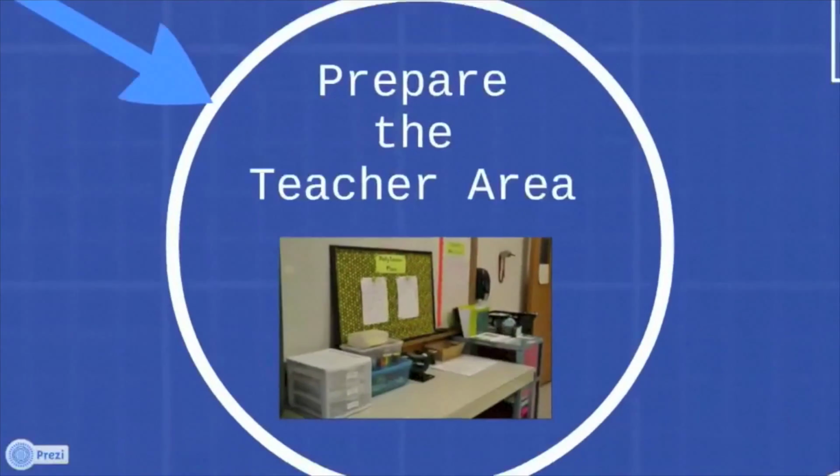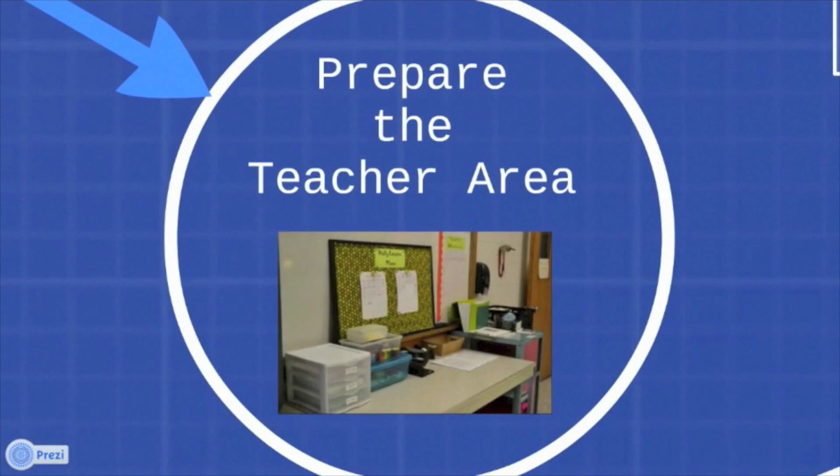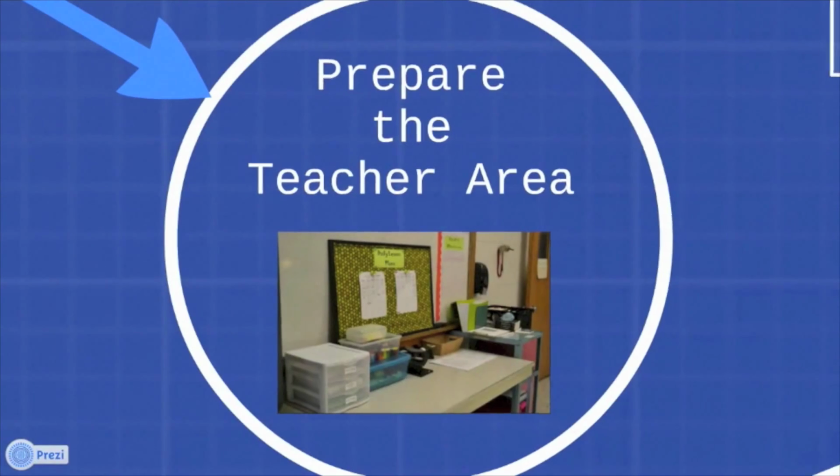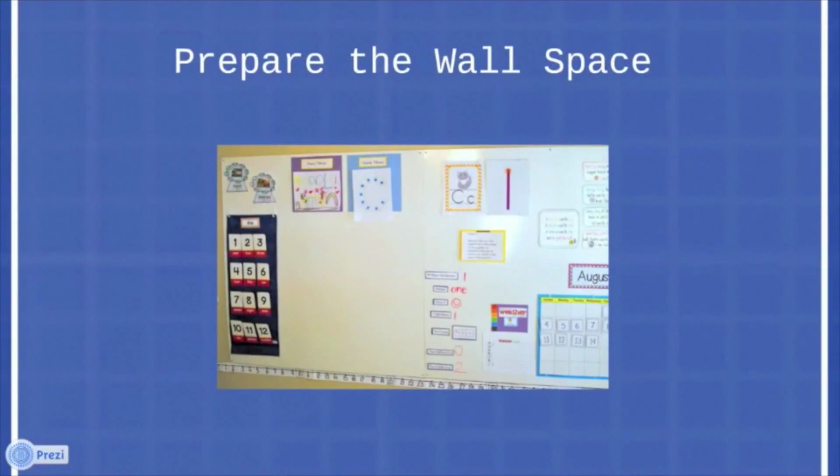3. Prepare the teacher area. Ensure this area is in relative proximity with clear visual access to all students. Fourth, prepare the wall space. Display expectations, procedures, learning goals, and student work in prominent places.